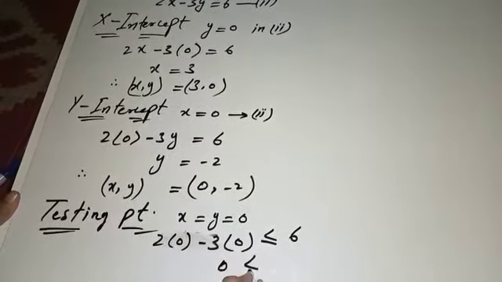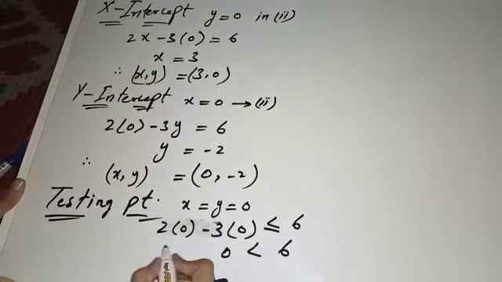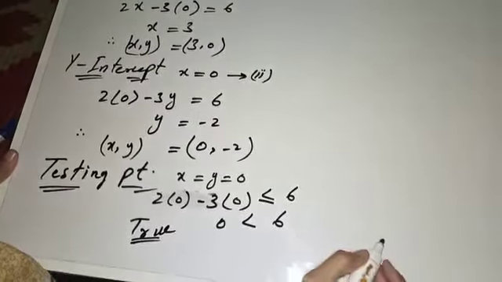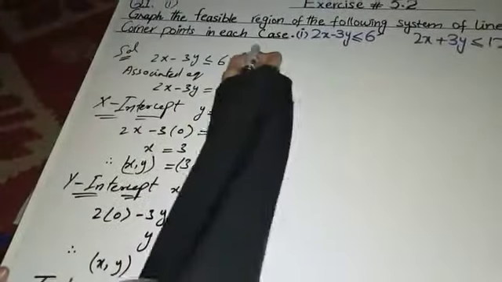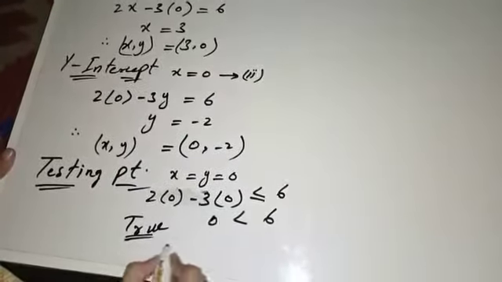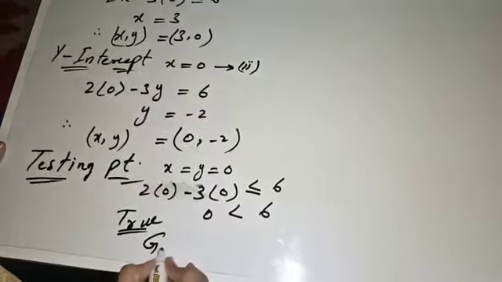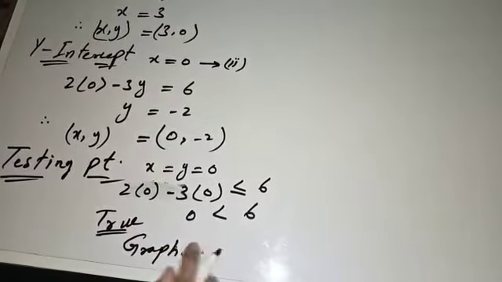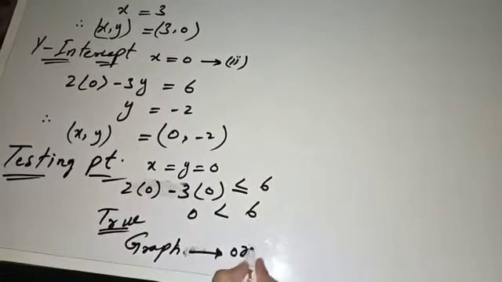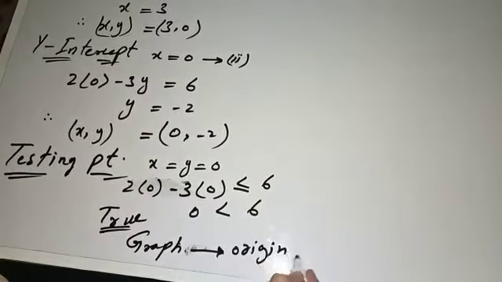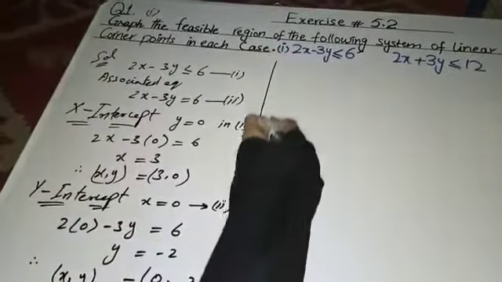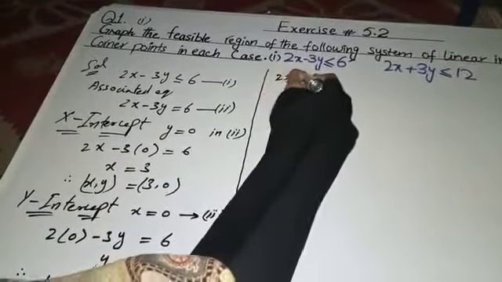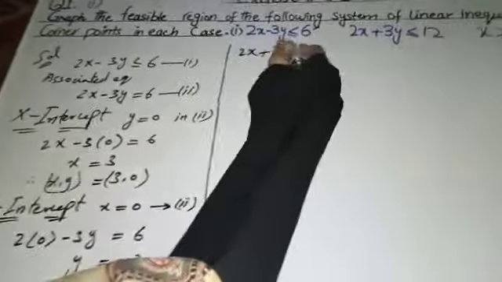This is 0, 0 is less than 6, so this is true. And as we know, when the solution of a linear inequality expression is true, then the graph is towards the origin. Graph towards origin side.